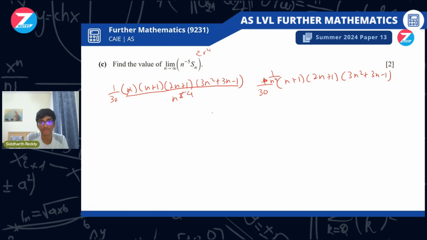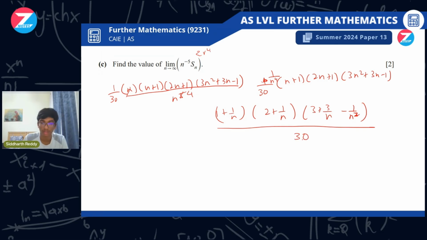And this we can simplify as (1 plus 1/n) times (2 plus 1/n) into (3 plus 3/n minus 1/n squared), all divided by 30. As n tends towards infinity, all these parts which have n in the denominator will tend towards 0. It becomes 1 times 2 times 3 divided by 30. So this becomes 6/30, which is just equal to 1/5. So that's the C part.